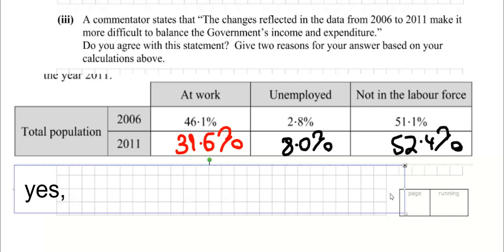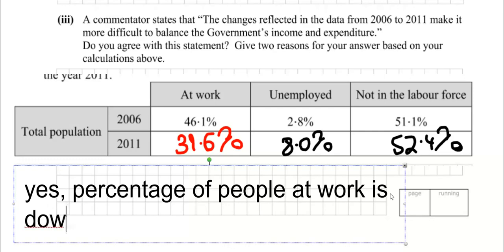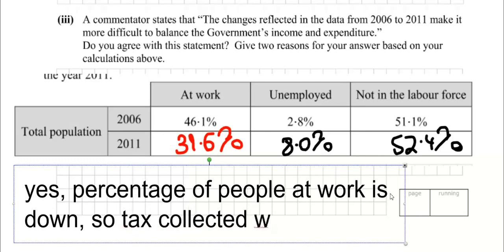Okay, so percentage of people at work is down. So what's that mean? So tax collected will drop because generally only people who work pay tax.